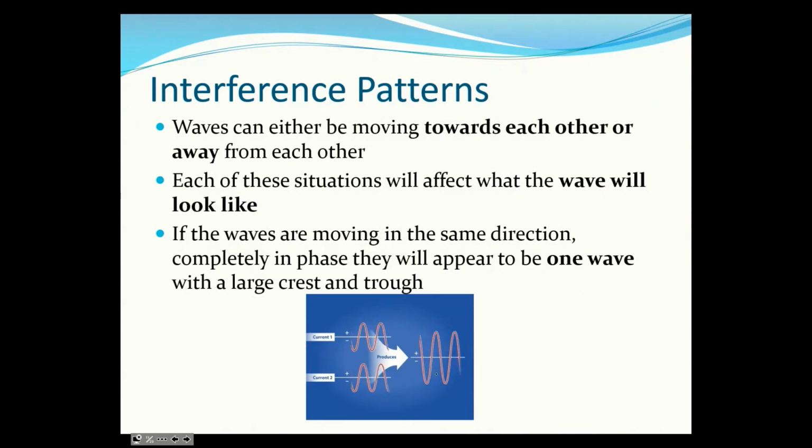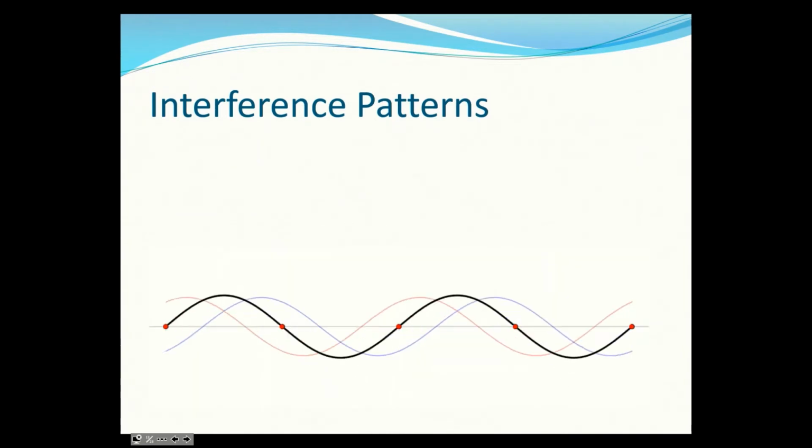And you can see the wavelength and frequency aren't changed. An example of this would be 2 trumpets in an orchestra. If you have 1 trumpet, it's not very loud, but if you have 2 trumpets, it's going to be louder. And that's what louder is. Louder is a bigger amplitude. They're playing the exact same thing. They're in phase, they're standing beside each other, and we just get a louder version of the same sound, a bigger amplitude.